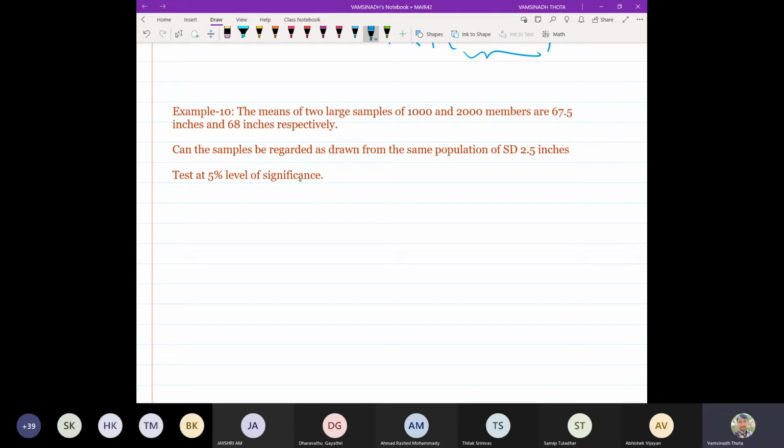Initially we have one sample, this is sample one, and there is another sample, this is sample two. Sample one size is 1000 and sample two size is 2000.